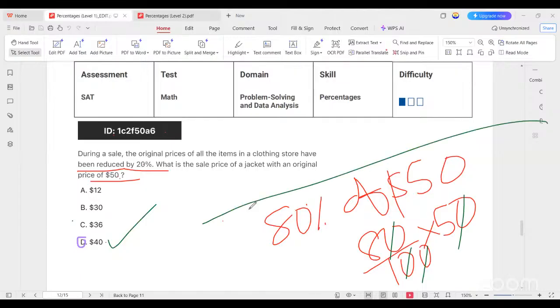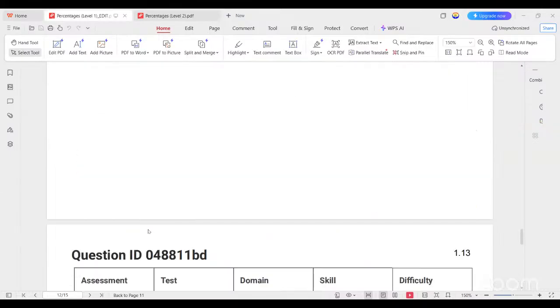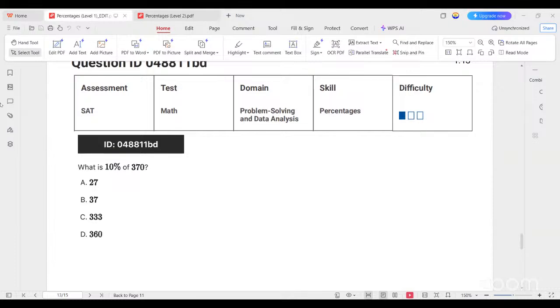Did you get this? So by reducing 20%, it is 80%. Fine. Yes. Yeah, please do confirm so that I will be confident that you are understanding. Okay, continue.